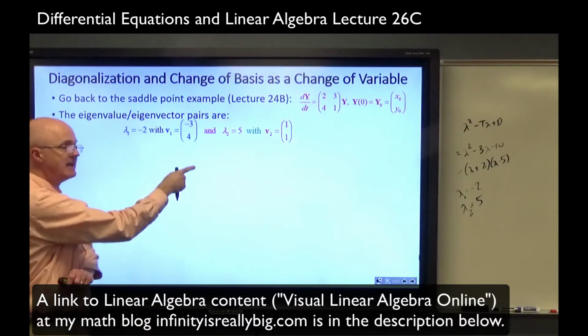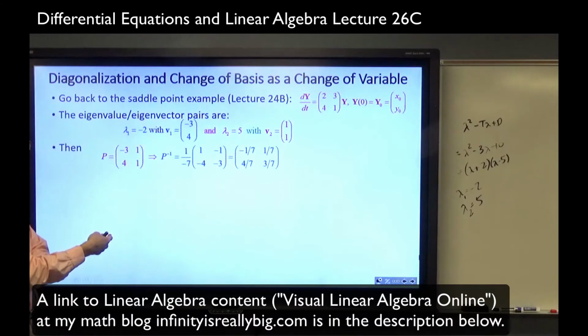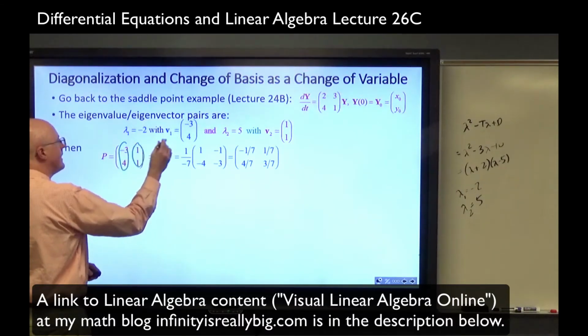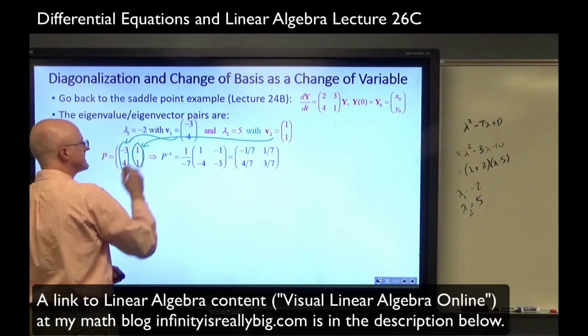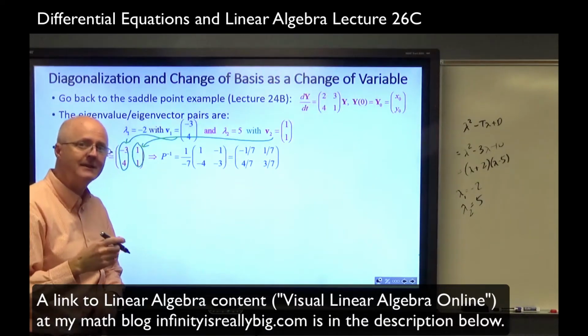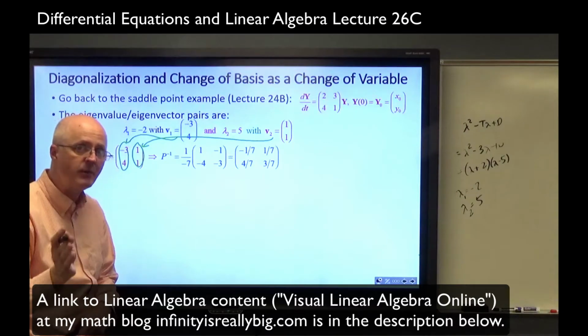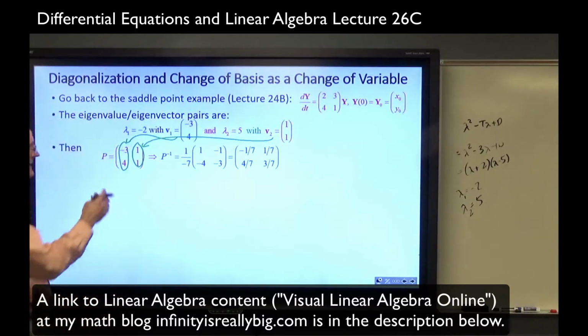I can take these eigenvectors and make them columns of a change of basis matrix, P. Notice the columns here, negative 3, 4, and 1, 1. Those are eigenvectors. This is the theory about diagonalization. We know that if we do that, then P inverse times A times P will be a diagonal matrix D. That's the diagonalization theorem. What is P inverse?